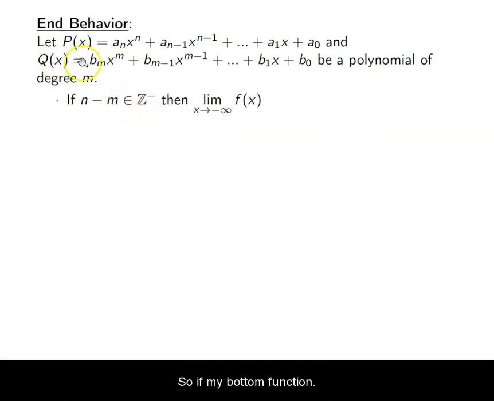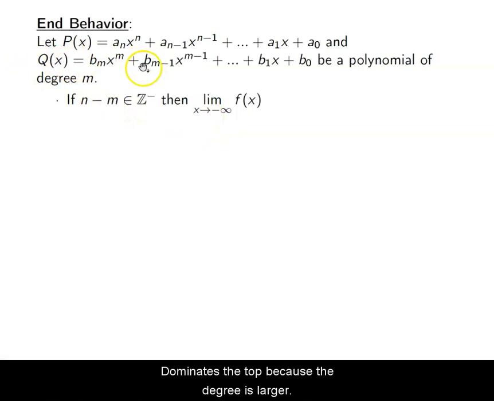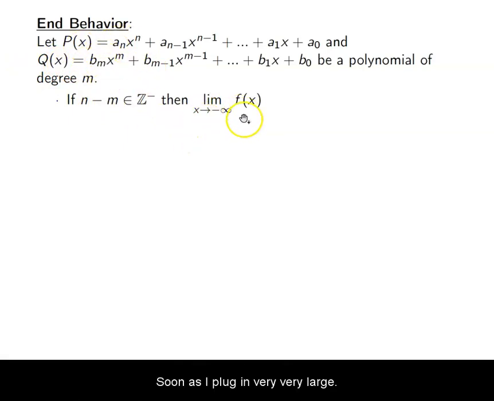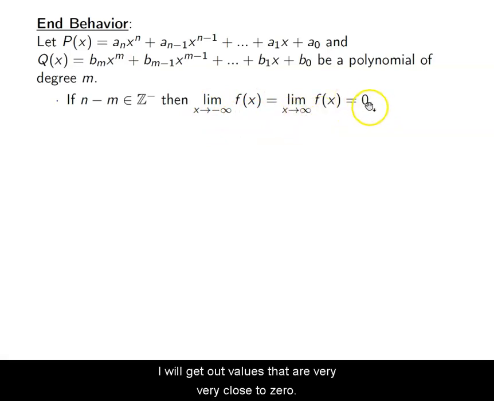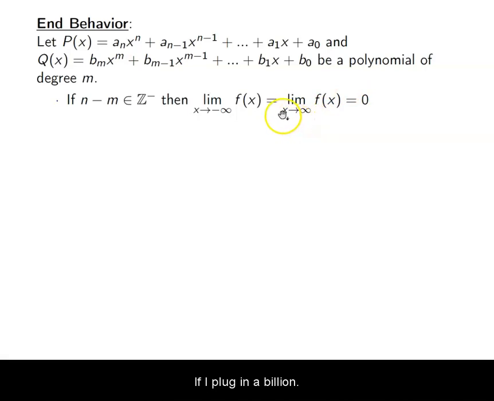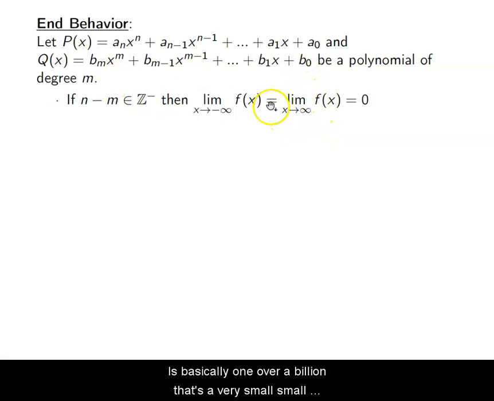So if my bottom function dominates the top because the degree is larger, then as I plug in very, very large negative numbers or very, very large positive numbers, I will get out values that are very, very close to 0, right? If I plug in a billion, it's basically 1 over a billion. That's a very small number.